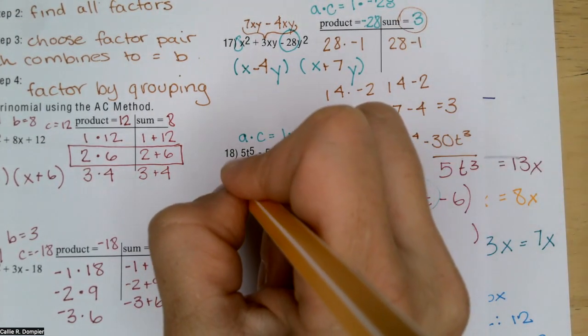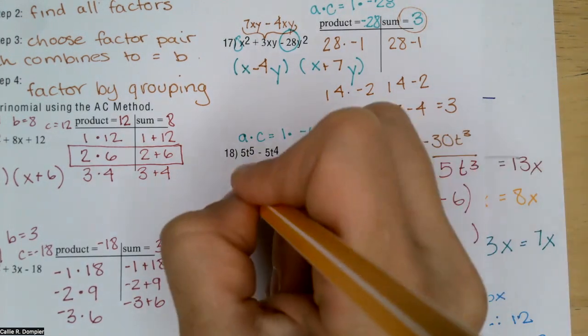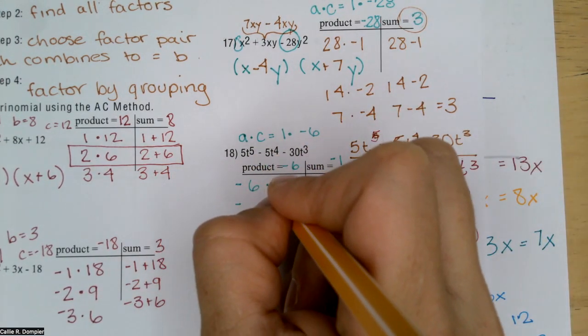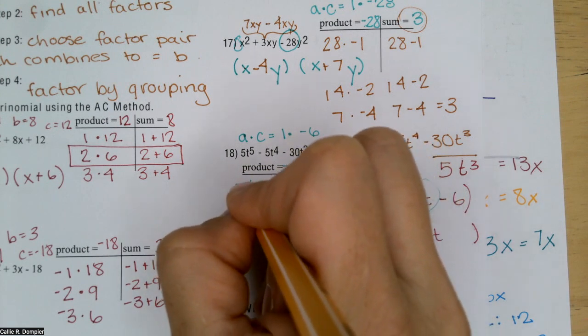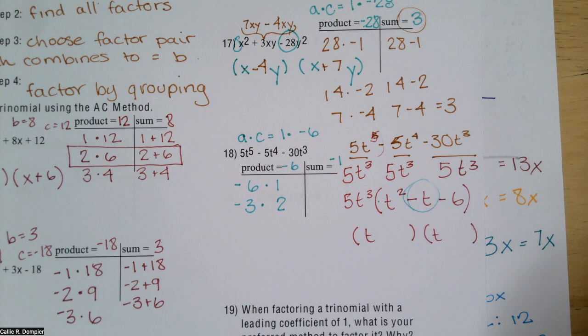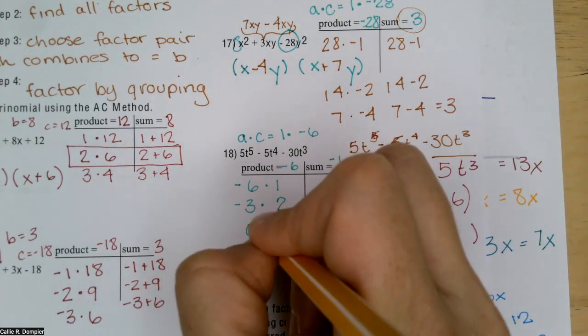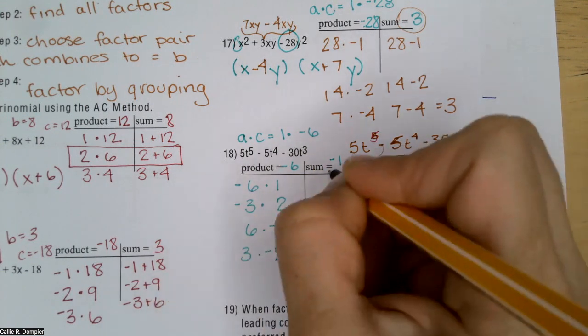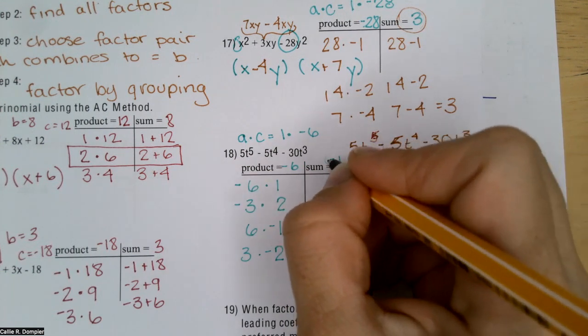Negative 6 and positive 1, negative 3 and 2. It's not going to be 6 times a negative 1, and it's not going to be 3 times a negative 2, because if I add those they won't add up to a negative number.